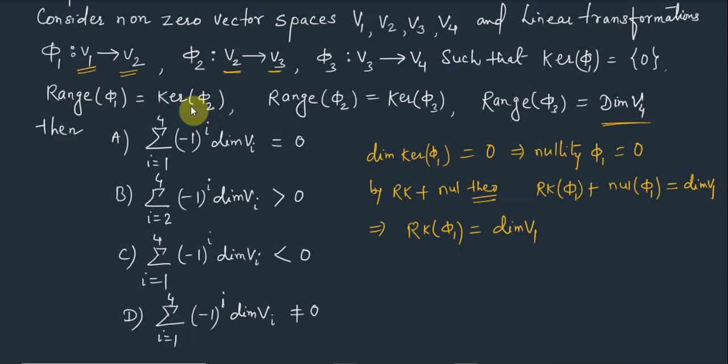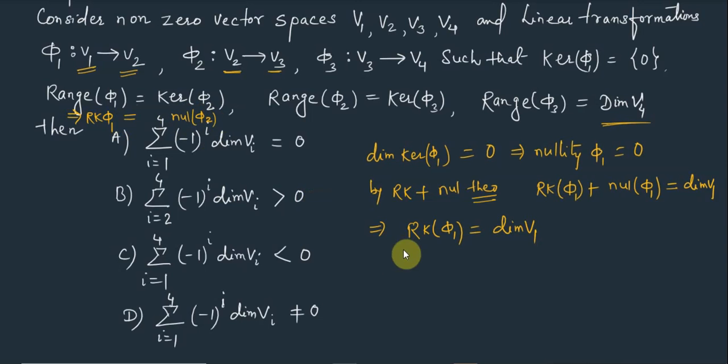It means the dimension of range of phi1 is equal to the dimension of kernel of phi2. So we may write that rank of phi1 is equal to nullity of phi2.